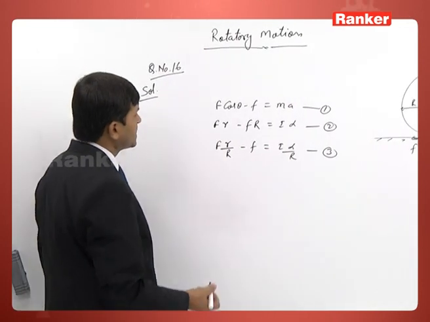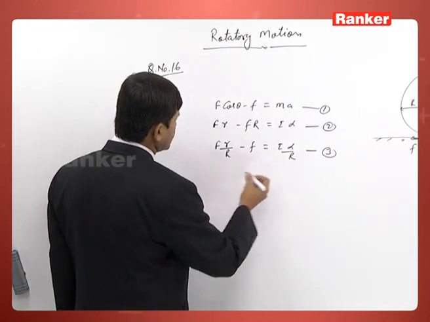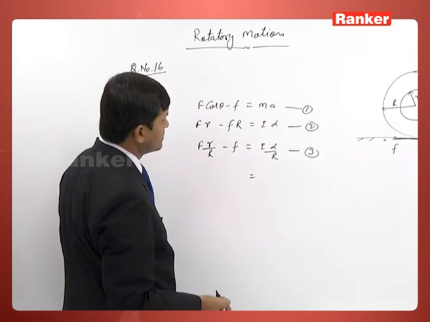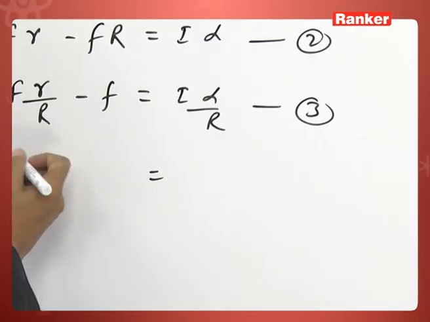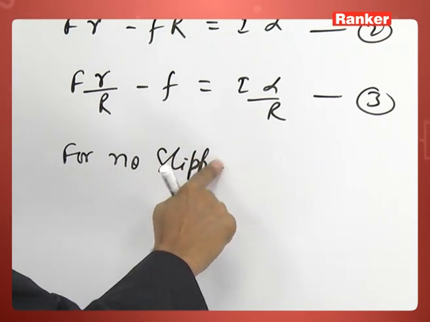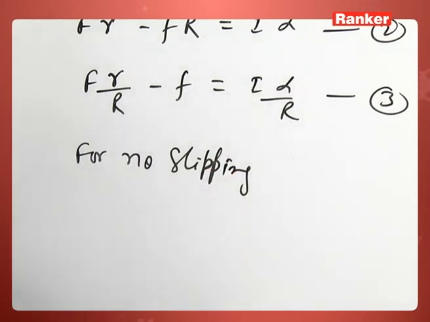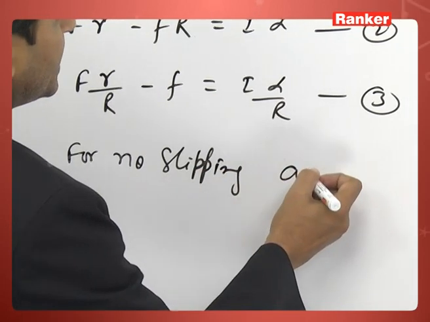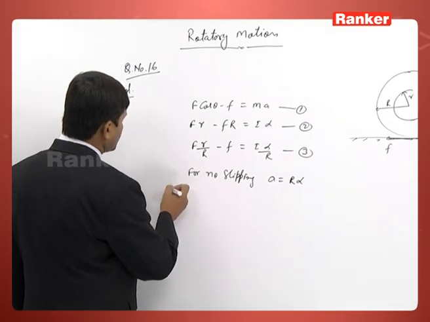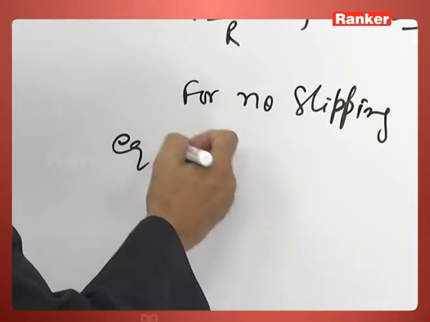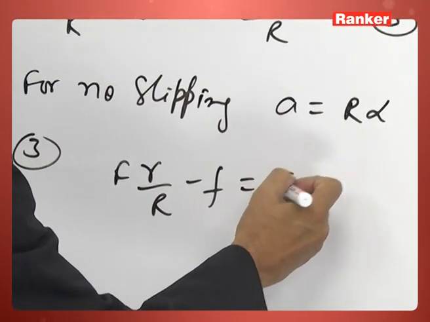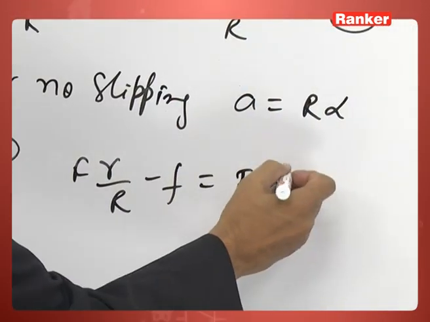So from this, for no slipping, we can use a is equal to R into alpha. So equation number 3 becomes Fr by R minus f equals I alpha, and I can write a by R square.